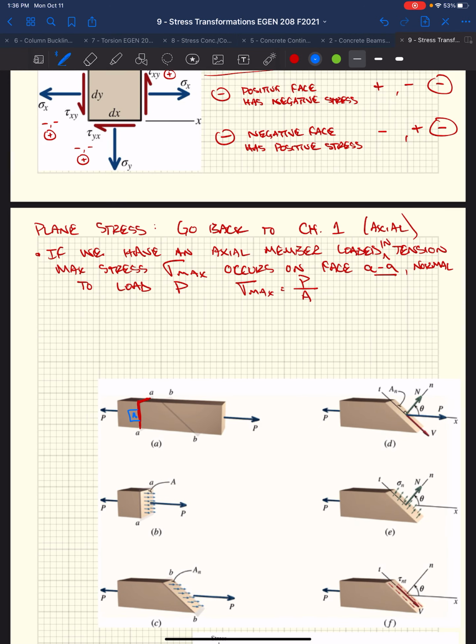Well, if you remember, we actually had a homework assignment where we looked at, I think it was a weld on a plate, right? We started looking at the stresses on that.